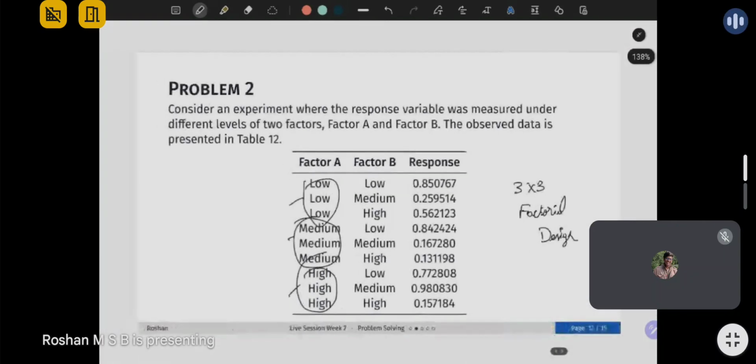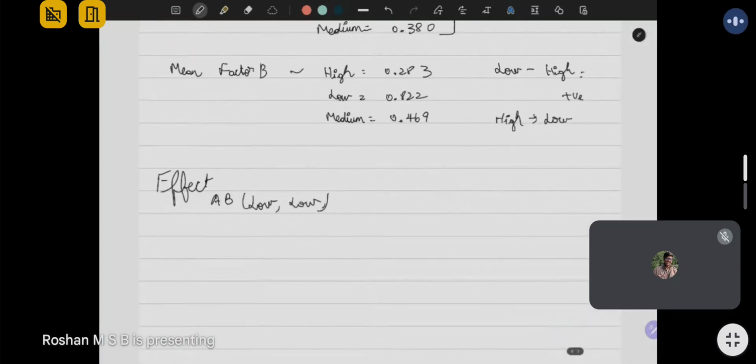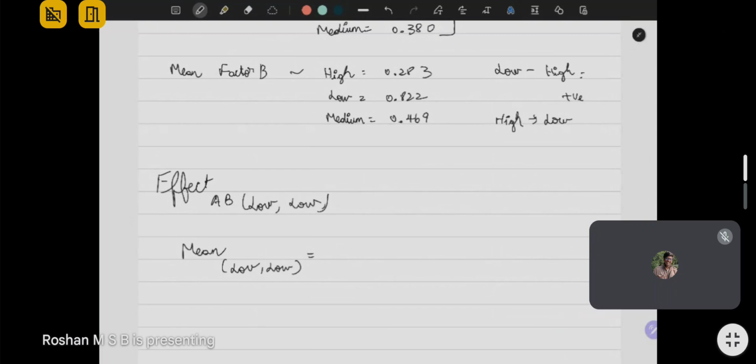How many data points are there for low? Only one. So you can take it as the mean. Low will be, I think, 0.8506, right? Okay. This is one.